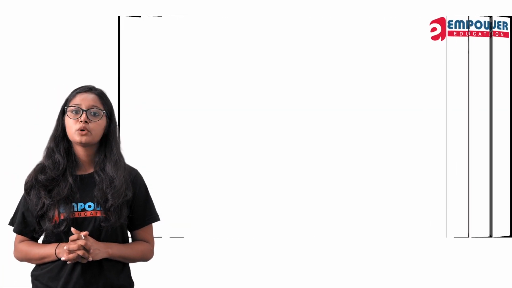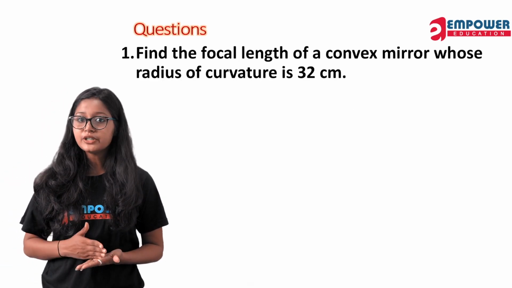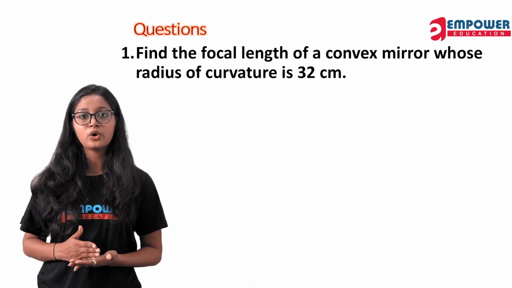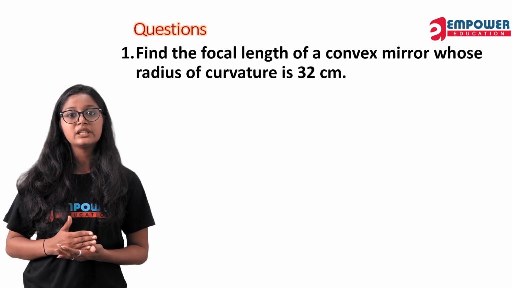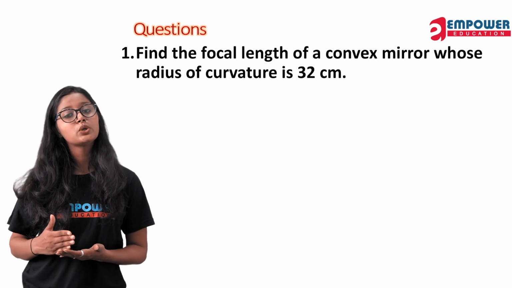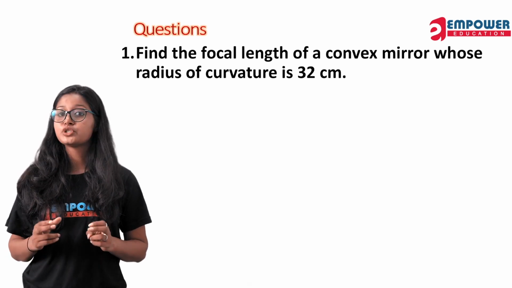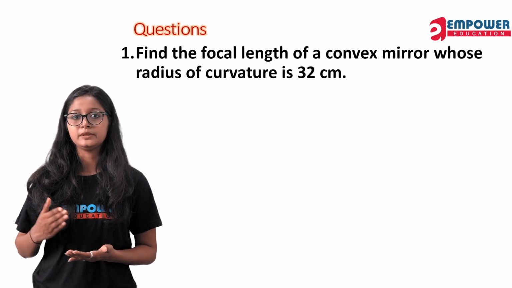So again, we have the questionnaire round. The first question here is, find the focal length of a convex mirror whose radius of curvature is 32 centimeters. Now you see the radius of curvature is given to us, which is 32 centimeters. And by now you should know how the radius of curvature is related to the focal length.